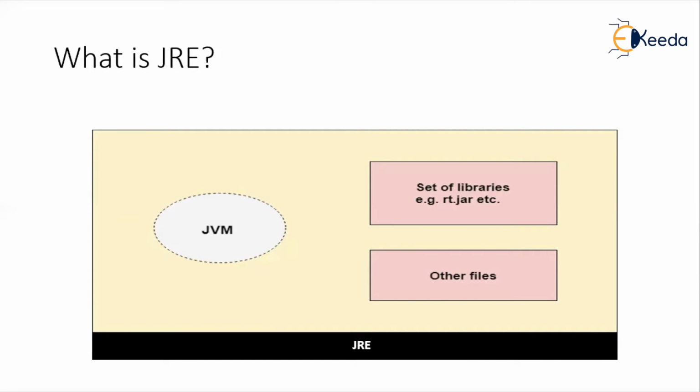This is the internal structure of JRE, which contains JVM and a set of other libraries which are required for execution of applications, and other files, which can be supporting files required for execution of the application.